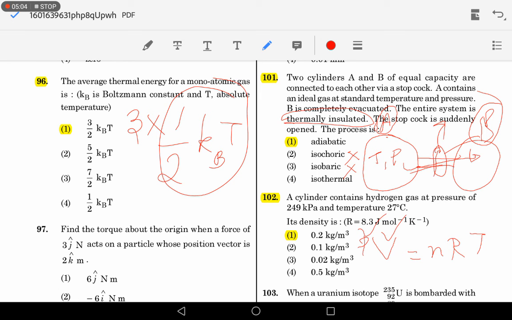Pressure changes, volume changes. nR remains constant, meaning temperature may change or may not change. Here it does not change because it is given that the system is thermally insulated, meaning there is no movement of thermal energy inside or outside. The energy remains constant. So it is going to be an adiabatic process.